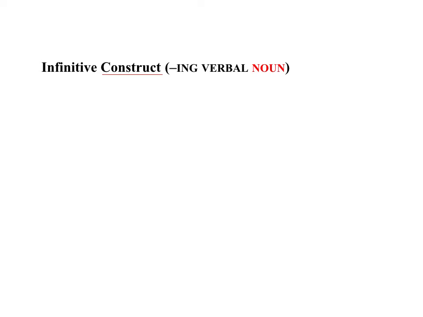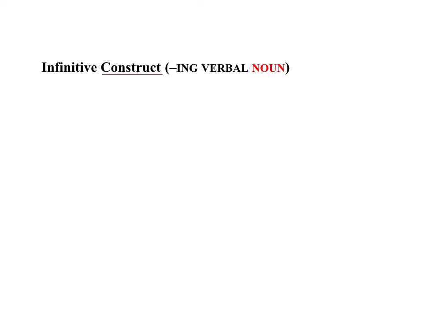Because it is a noun, a verbal noun, and it is in construct, you're going to find a number of things that are true about an infinitive construct. It's used in different places than a participle because a participle is an -ing verbal adjective.